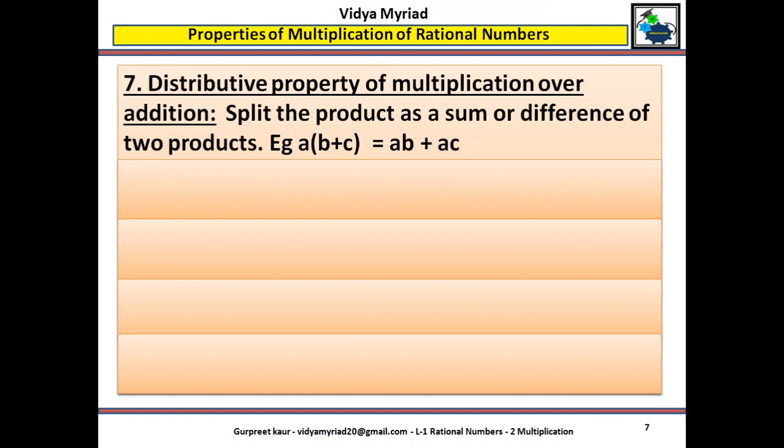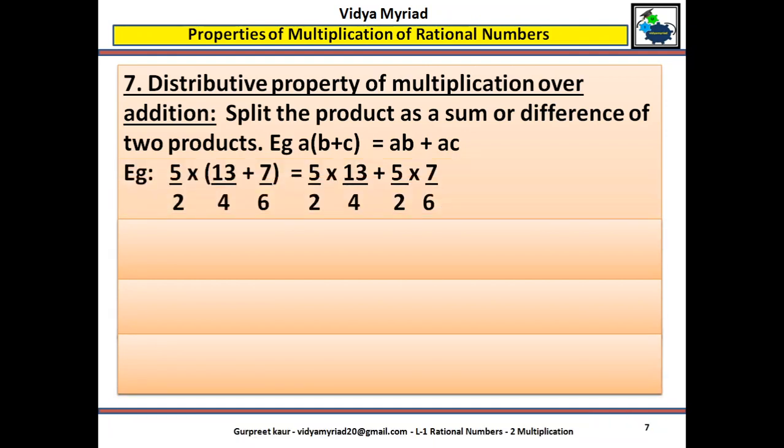In the same way, I have taken an example where the left hand side and right hand side are written according to the distributive property. The three rational numbers here are 5 upon 2, 13 upon 4 and 7 upon 6.